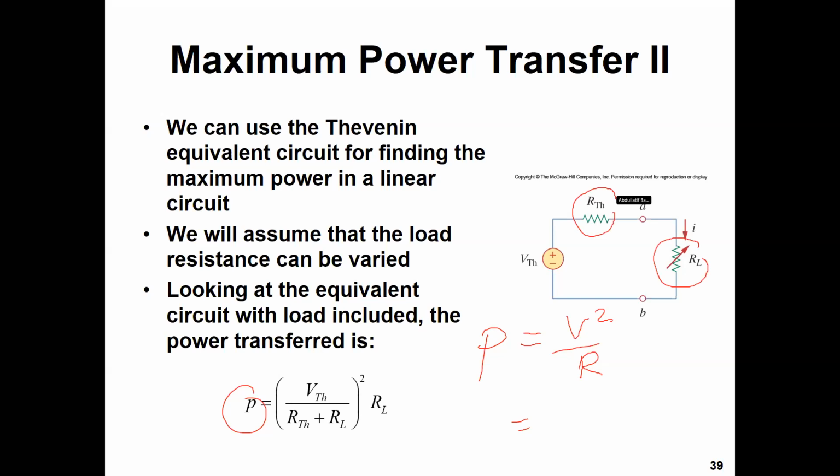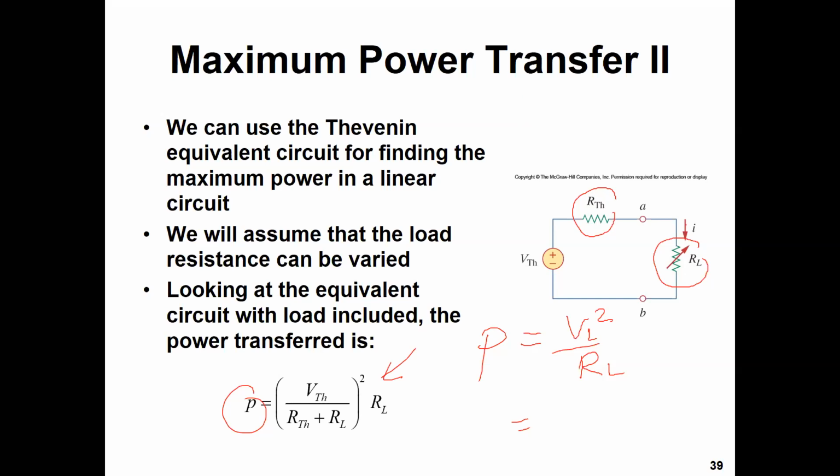We have no choice. So what is the V here? V load divided by R load. In order to find VL, we have to find I and then find VL. I'm trying to prove this and show you how to get this formula mathematically.